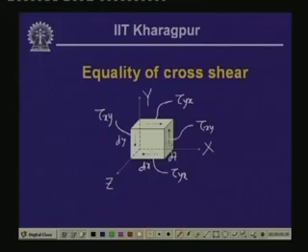Along with this, we have the other stresses like normal stress sigma x, sigma y, sigma z and the shearing stress components as well in the other planes. Since only these stress components are going to cause the moment, other forces have not been shown over here.